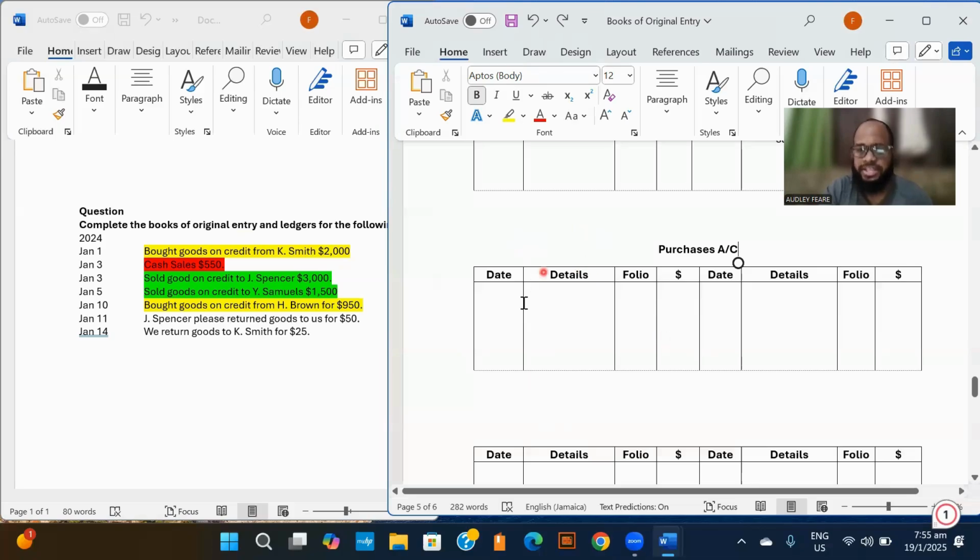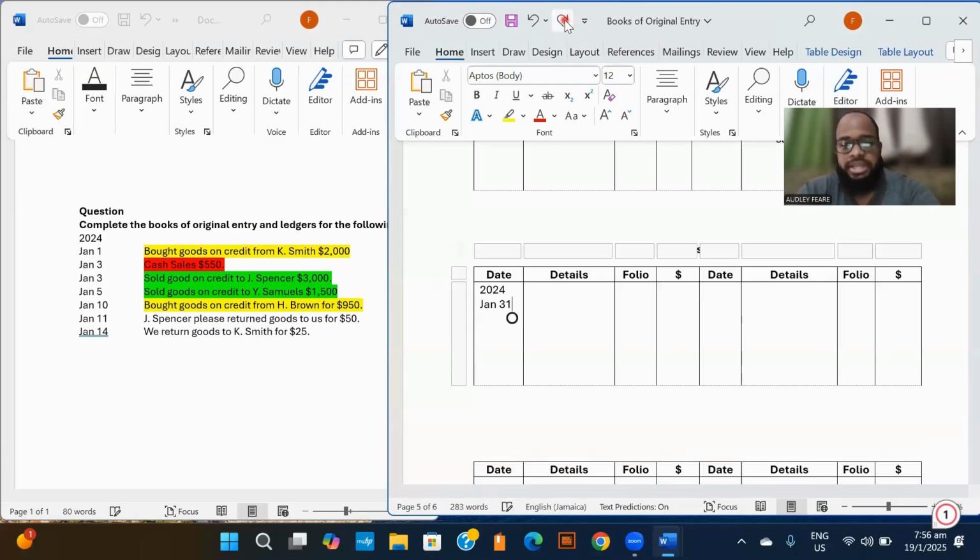I've heard the explanation that when you buy goods to sell, it's an expense because you have to buy these things to keep the business going, and expenses are always debited. That's a rationale you could think about too. But I tend to prefer that it's movement of stock and assets increase because stock is an asset. So you always debit purchases. So put the date, January 31, and the details will be the total credit purchases for the month.